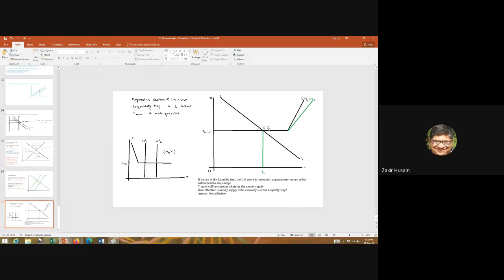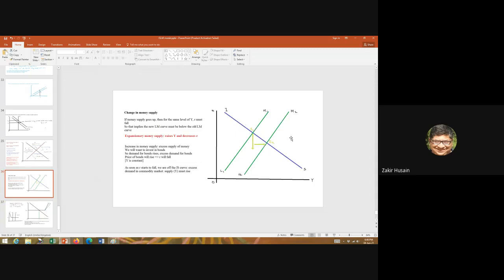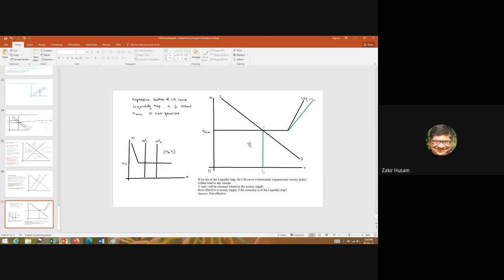But in this case, only the fiscal policy will work. Over here, if you have the normal portions of the IS-LM curves, both monetary policy and fiscal policy will work. In the liquidity trap, as you can see, monetary policy is completely ineffective.